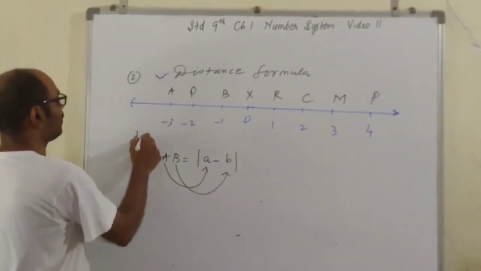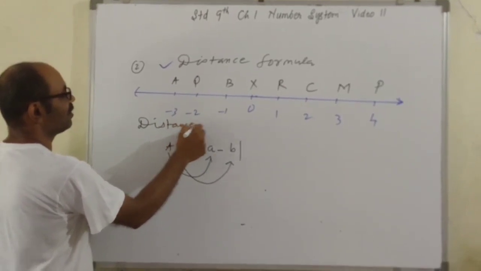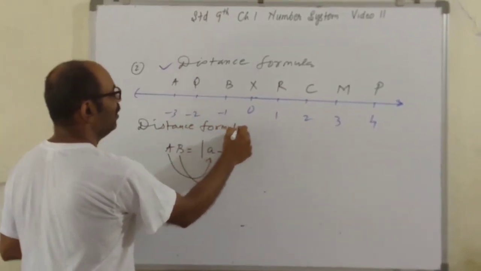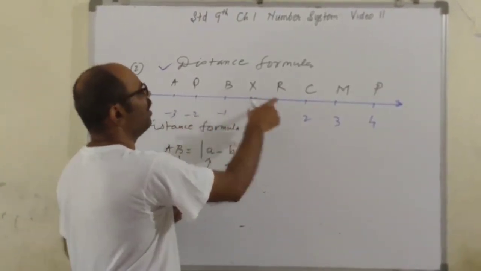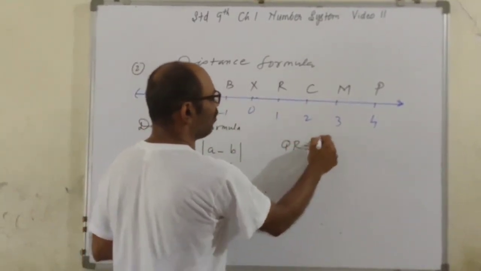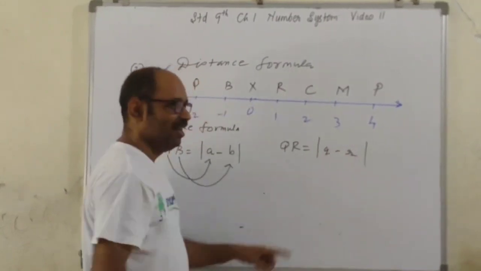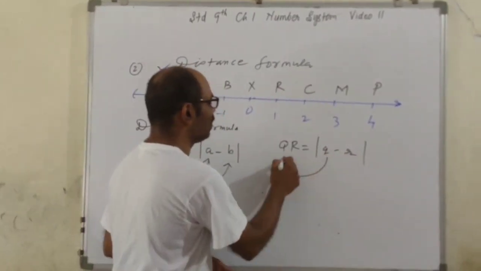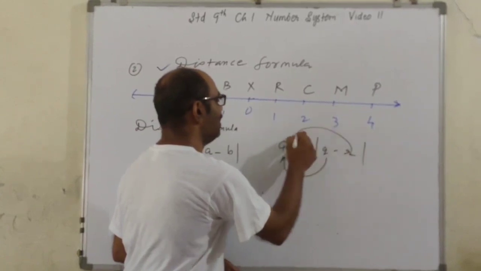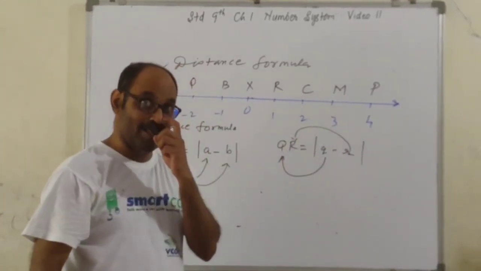So this is called the distance formula. Suppose you want to find the distance between Q and R. So QR is equal to the absolute value of q minus r, where q is the real number corresponding to point Q and r is the real number corresponding to point R.